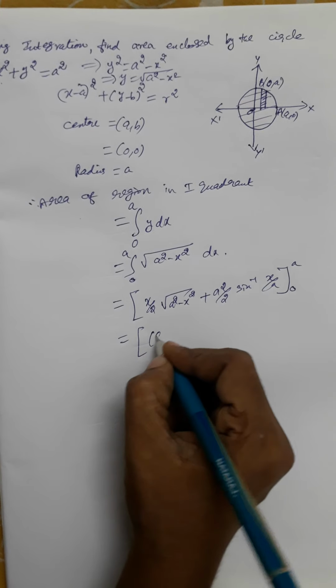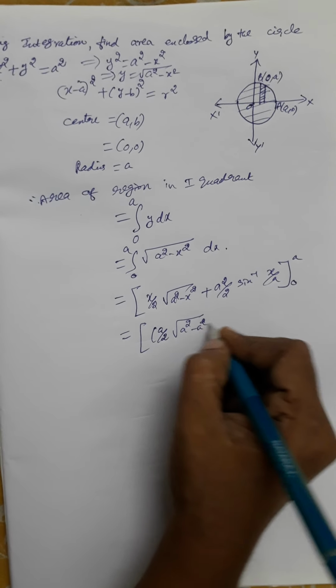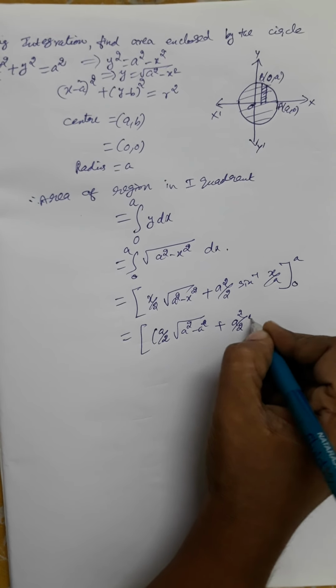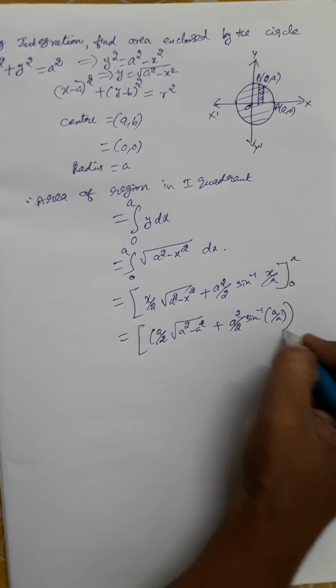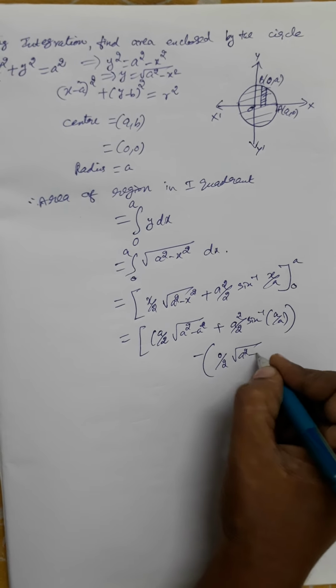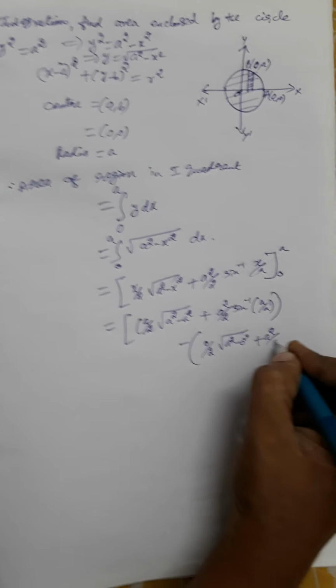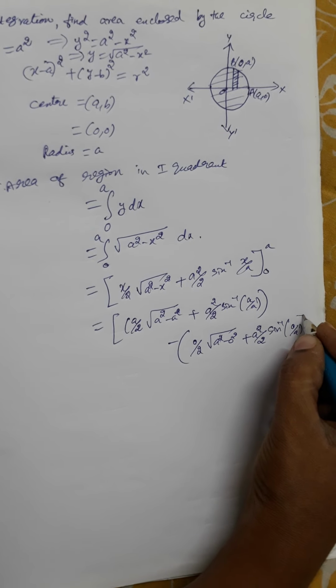First the upper limit. So the upper limit is a by 2 root of a square minus a square plus a square by 2 sin inverse of a by a. This is the upper limit, minus the lower limit, which is 0 by 2 root of a square minus 0 square plus a square by 2 sin inverse of 0 by a.